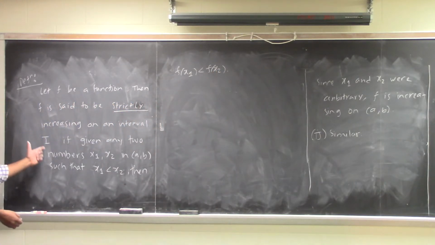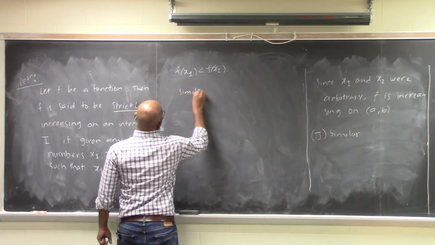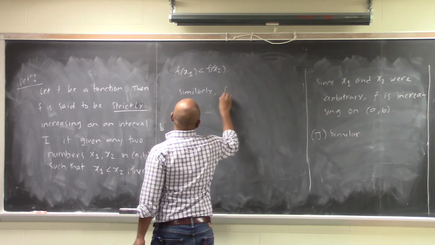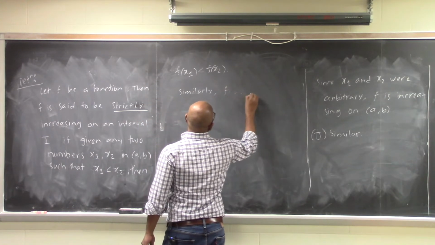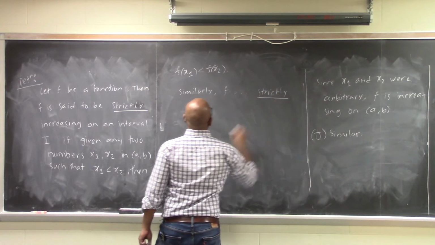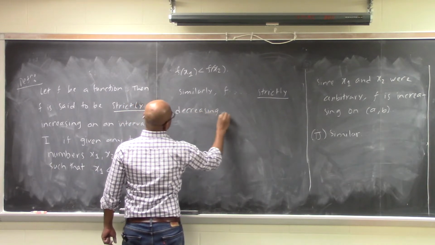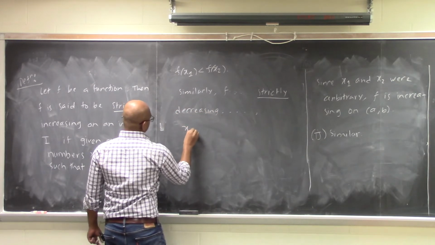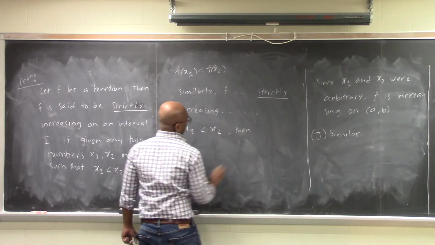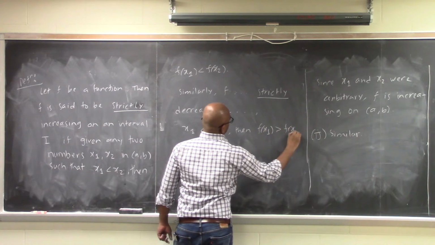And similarly, you can define strictly decreasing functions. Similarly, f is said to be strictly decreasing if we have x1 less than x2, then f of x1 is bigger than f of x2.